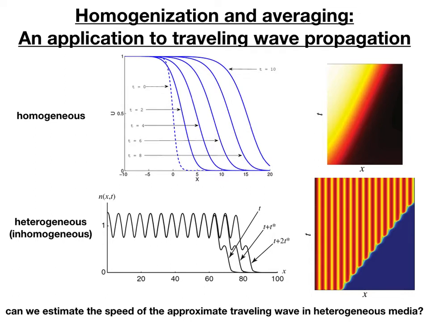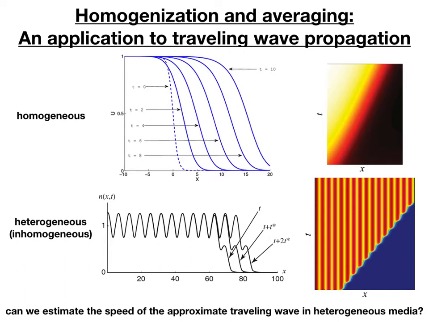We're going to talk about homogenization and averaging, in particular applied to traveling wave problem in the bistable equation. This is based on previous work by Jim Keener, but really building on decades of work on averaging and homogenization in spatiotemporal systems.